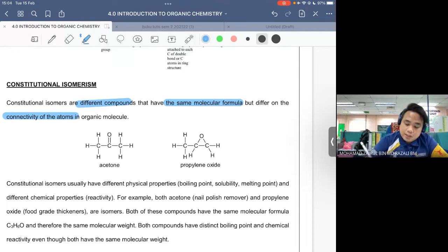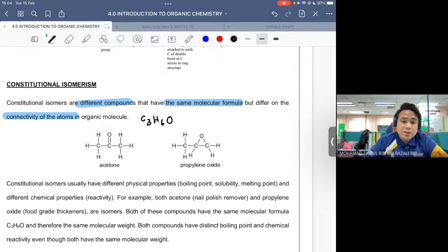So let's say kalau saya ada a molecule with a molecular formula of C3H6O. So C3H6O, kalau kita tengok dia, we can have 2 different structures, and each structure will have a different connectivity between the atoms itu.